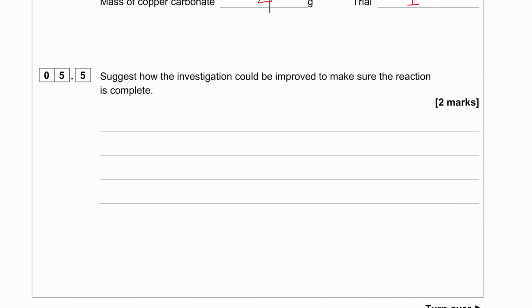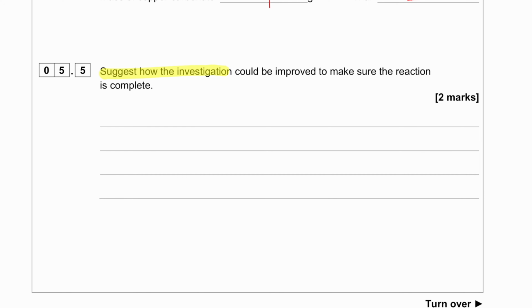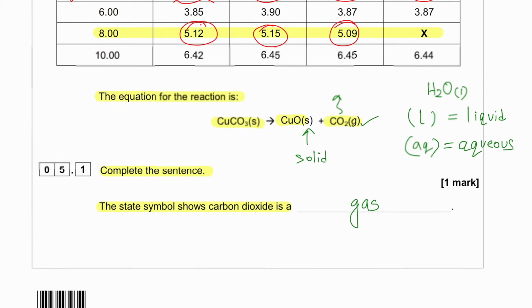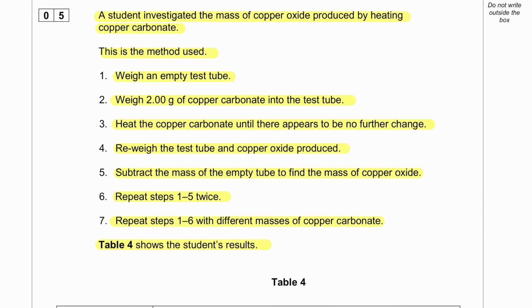Moving on. Suggest how the investigation could be improved to make sure the reaction is complete. In the experiment, it says repeat steps 1 to 5 twice. If we reheat the test tube to ensure all the CO2 has escaped, and then take the mass again, and see that the mass didn't decrease. If the mass keeps on decreasing, then we keep on repeating the process.